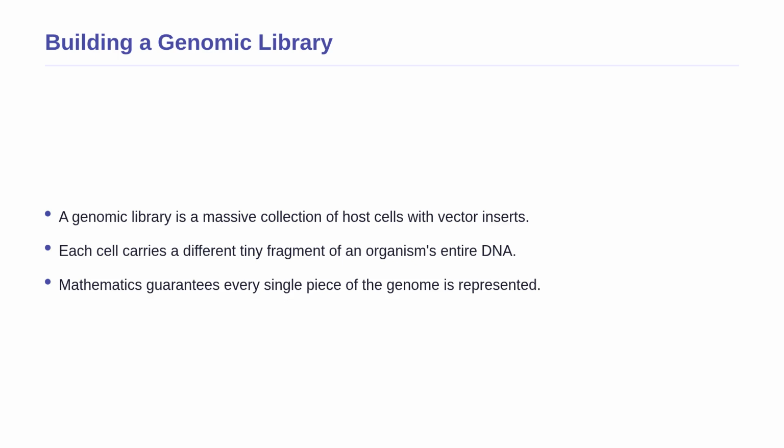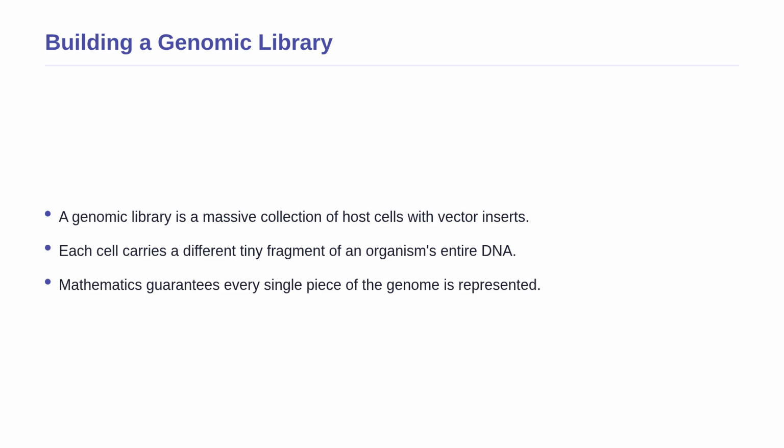Moving beyond the delivery of single genes, another critical mathematical application of vectors is building what we call a genomic library. A genomic library is a massive collection of thousands of host cells, where each individual cell contains a vector carrying a different tiny fragment of an organism's entire DNA.